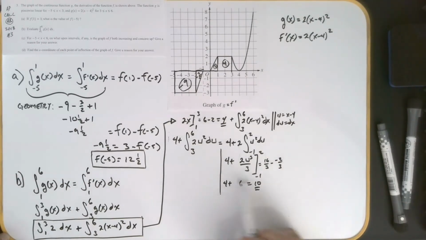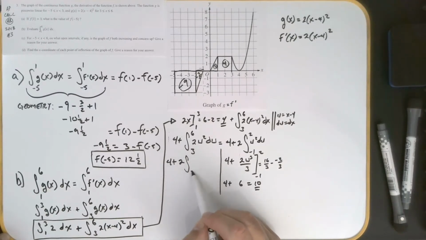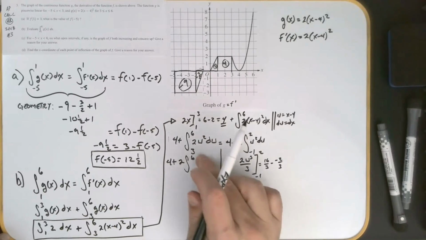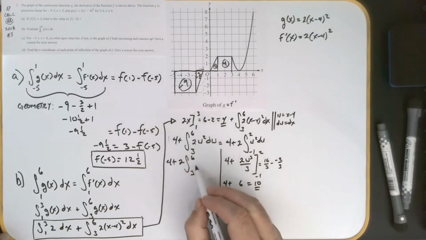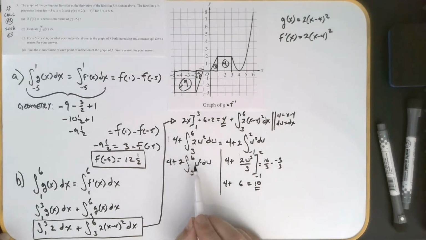Now, if you didn't like that and I lost you there, I'm going to come back here. You would get 4 plus, and I'm going to move the 2 out front again, and I'm going to leave this as 3 and 6. I'll leave this as u squared du. You add 1 to your exponent, divide by your new exponent.